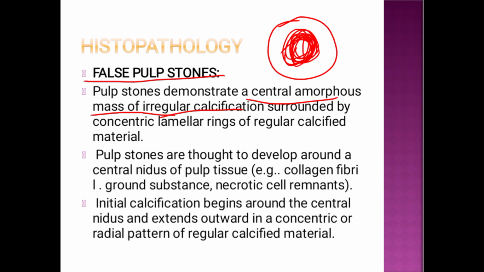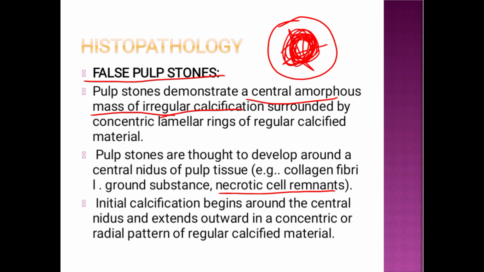Pulp stones are thought to develop around a central nidus of the pulp tissue, such as collagen fibres, ground substance, or necrotic cell remnants. Initial calcification begins around the central nidus and extends outward in a radial pattern, a regular radial pattern of regularly calcified material.